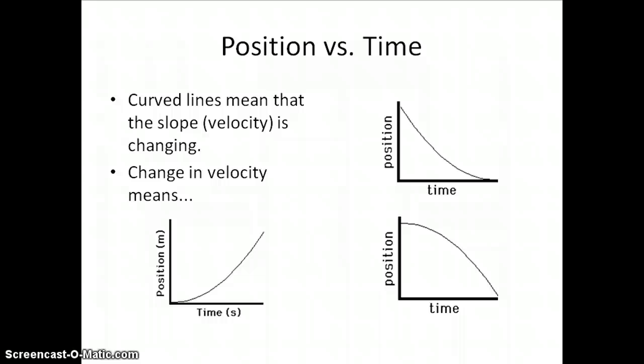So the curved line means that the slope, or the velocity, is changing. So here you can see that in an amount of time you're moving a little bit, and then as time goes by, you start moving a lot in that same time interval. So here you are going from slow to fast. So when you go from flat to steep, it means you're speeding up.